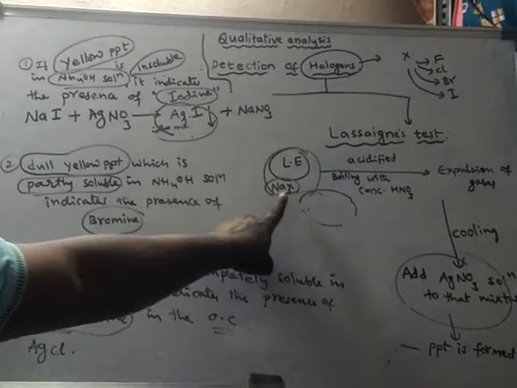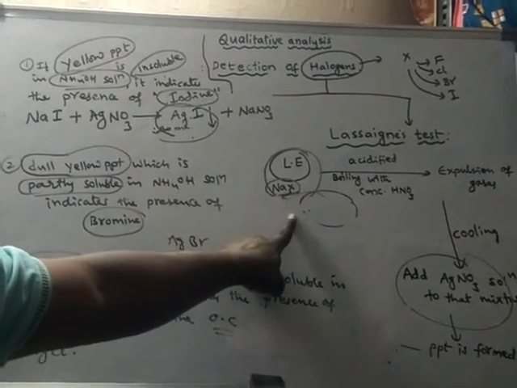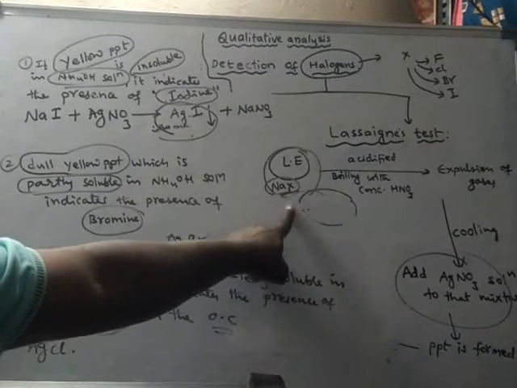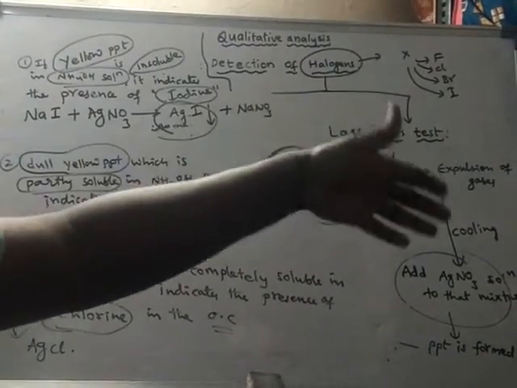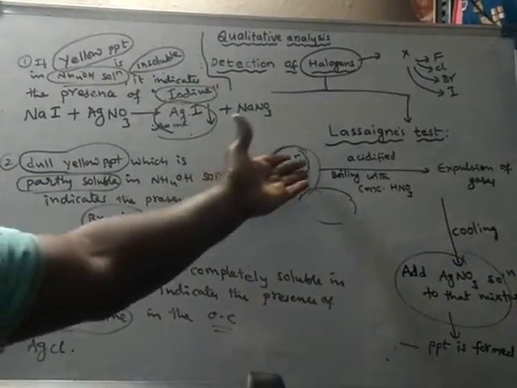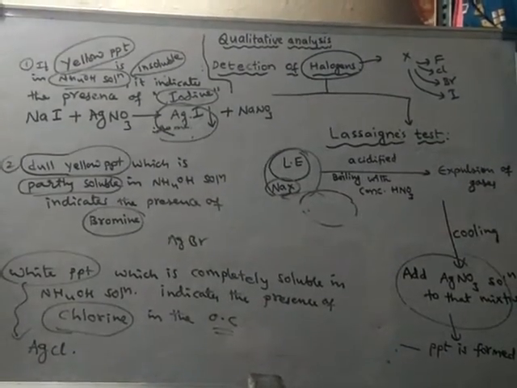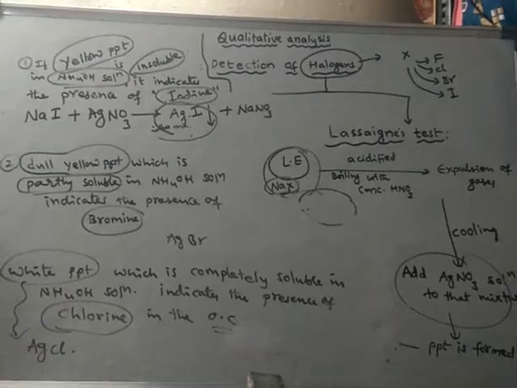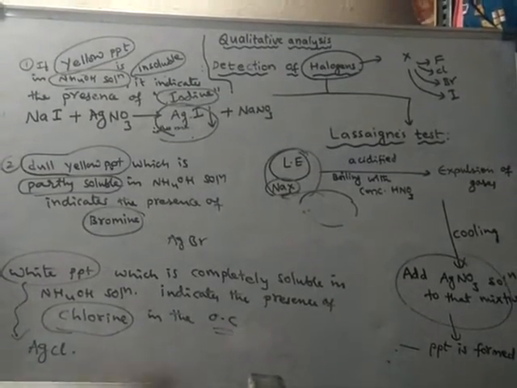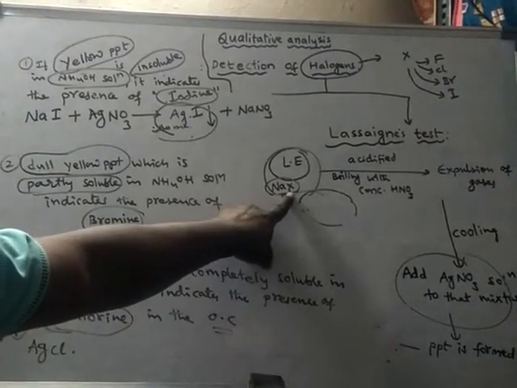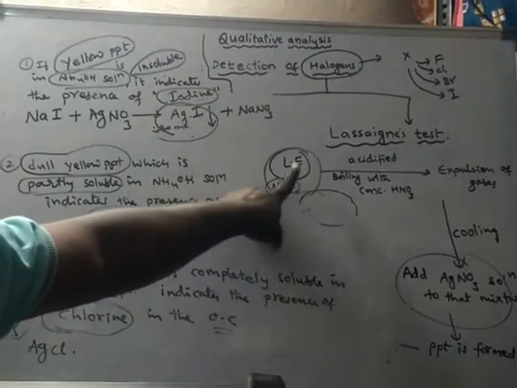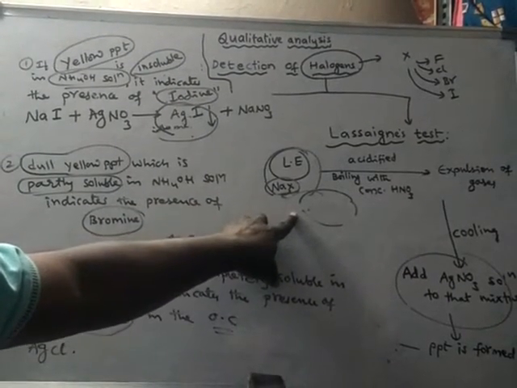And how is this sodium halide formed? It is formed during the preparation of the Lassaigne extract. In that process we used the organic compound, and the sodium brings the halogen into the Lassaigne's extract.